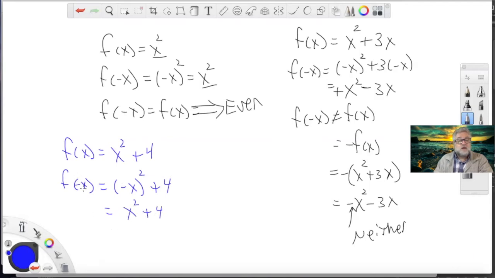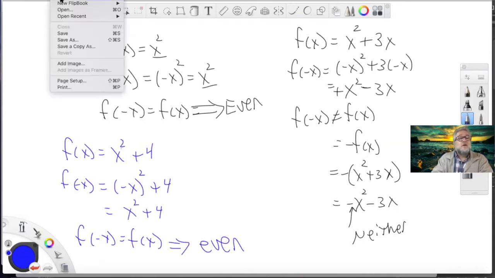We found that f of minus x is x squared plus 4, our original function. So if I have a constant over here, it still stays even. If there's an x over here, if you have x squared, then x to the first power, then weird things happen. So you'll notice if it's just an even exponent, you're in good shape.